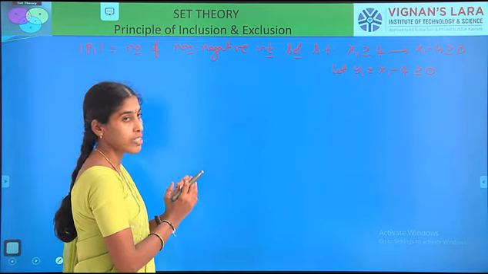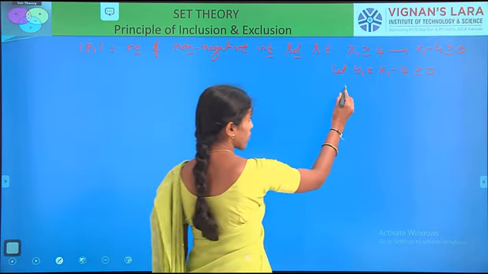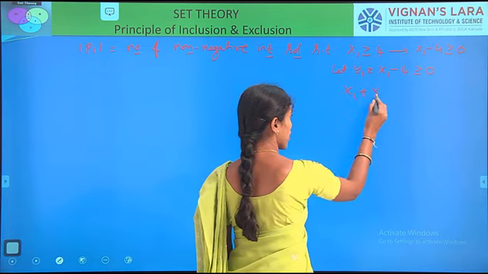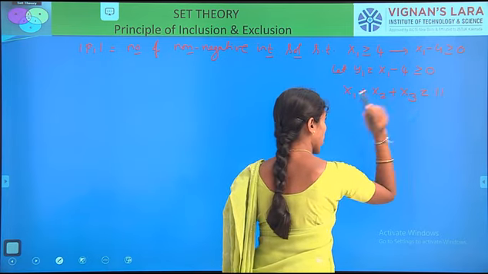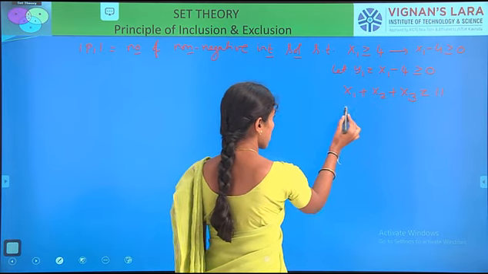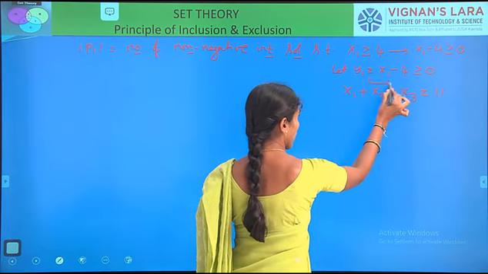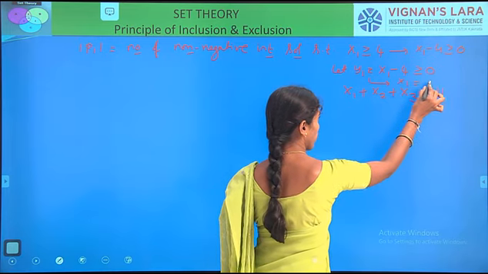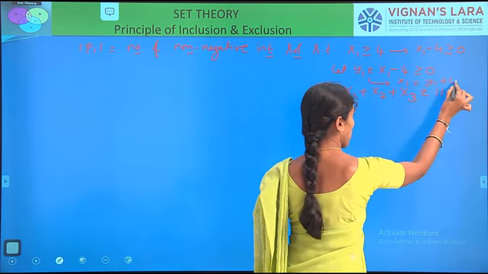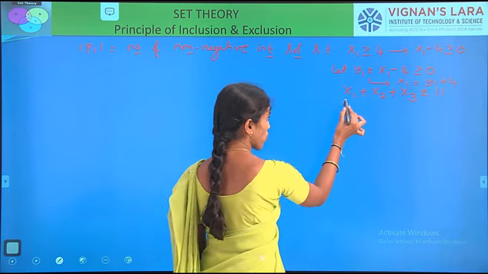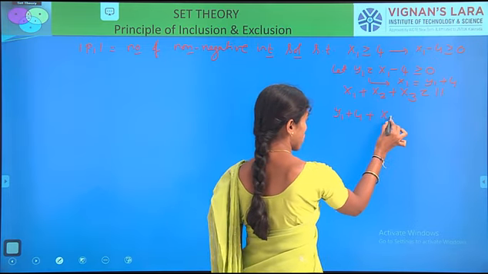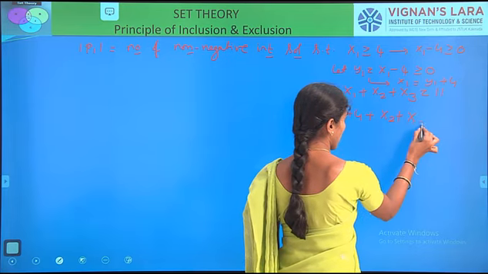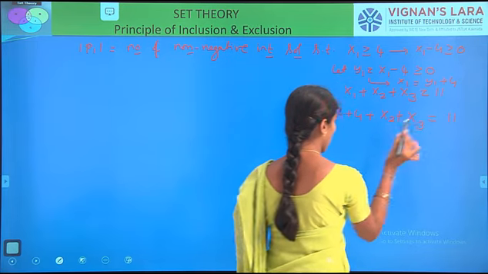Now we convert this equation. What is our equation? x1 plus x2 plus x3 is equal to 11. Listen carefully. From this we can write x1 is equal to y1 plus 4. So substitute: y1 plus 4 plus x2 plus x3 is equal to 11.